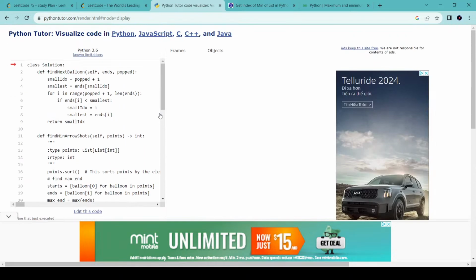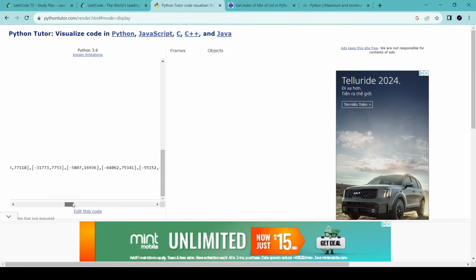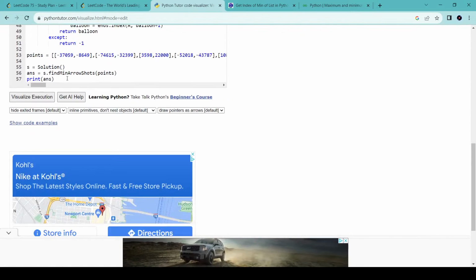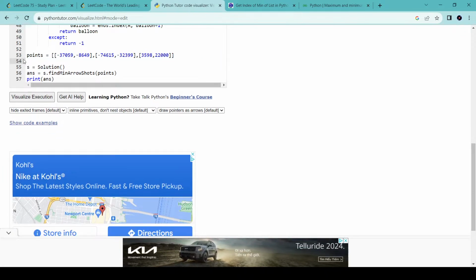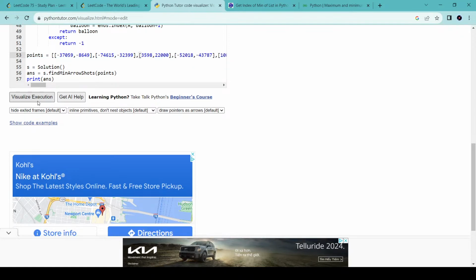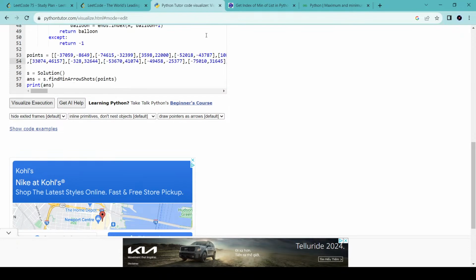More than 2 megabytes of data. And it's tracing, so this program is taking a long time. I wonder if it has something to do with negative numbers. Let's just have 3 balloons. You know what? Let's have a few more balloons in there. Let's have about 8 or 10.